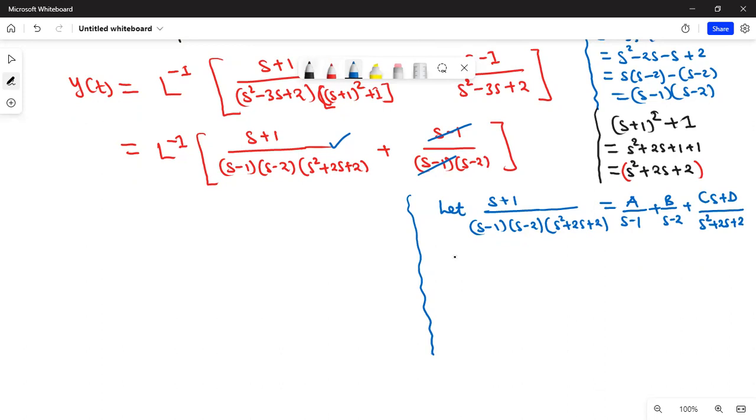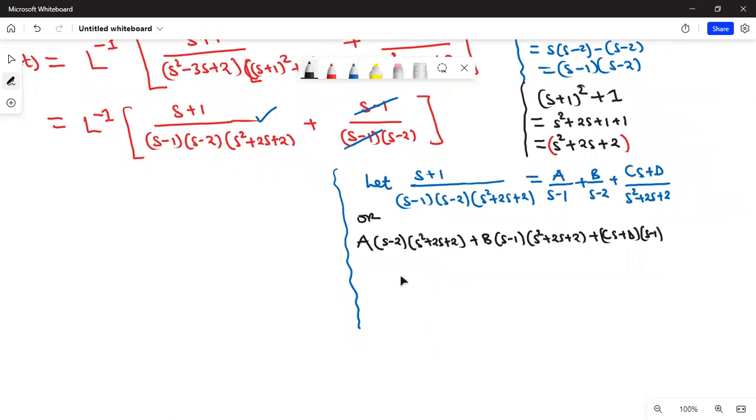So when I multiply through by the LCM, I'm going to get A into S minus 2 times S squared plus 2S plus 2, then plus B into S minus 1 times S squared plus 2S plus 2, then plus CS plus D times S minus 1 times another S minus 2 should be able to give us S plus 1.